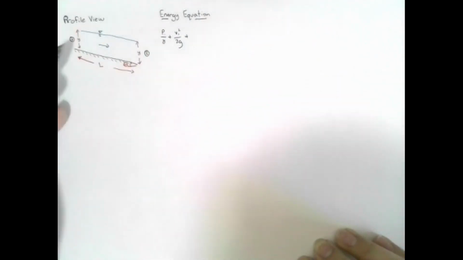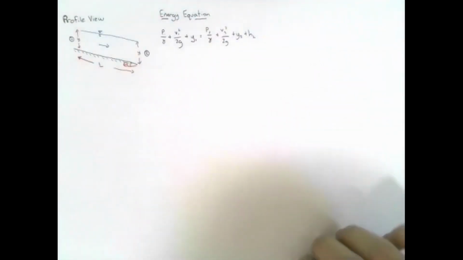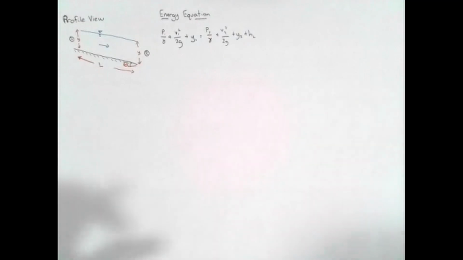It says that the pressure term, the velocity term, and the potential term, which in this case we're just using the coordinate system y, so I'll call it y1, equal the pressure term on the outlet, the velocity term, the elevation term, and any head losses. We don't have pumps, we don't have turbines, so we don't have to include any of these.